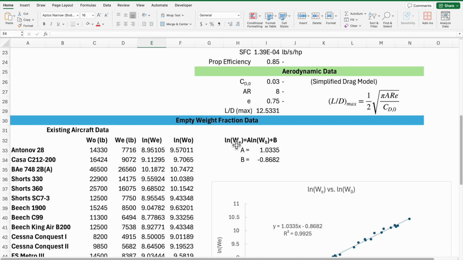So what I'm going to do for my empty weight, if I take the exponential of both sides, my empty weight is just going to be the exponential of a times ln of my gross weight value that's up above, plus this value b.